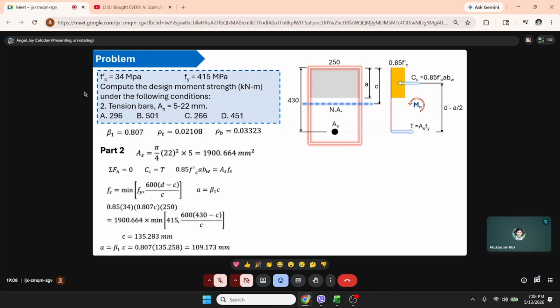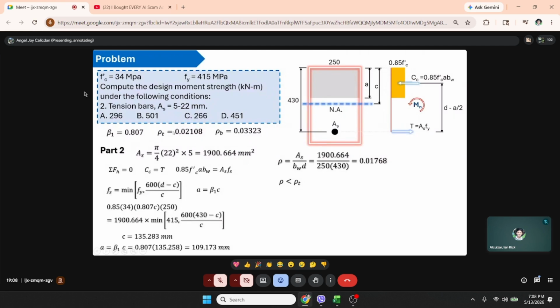And to get a is just beta 1 times c. So 109.173 mm. And rho is just As over bwd. And this time, na-change ang As, 1,900.664 and we got the actual rho of 0.01768.